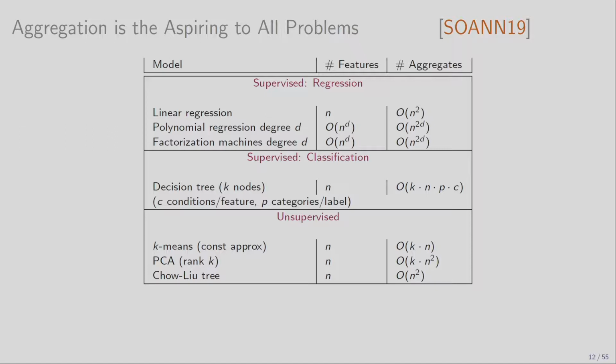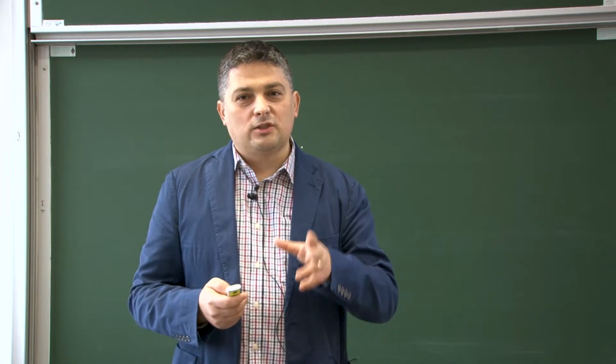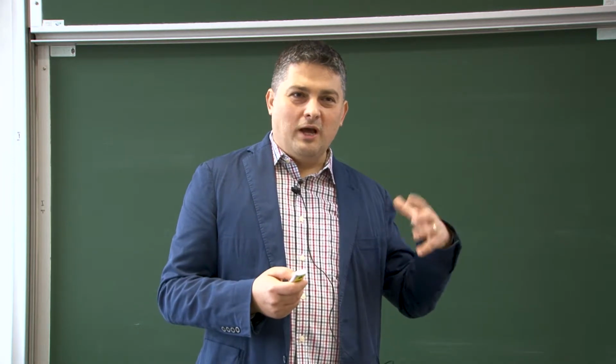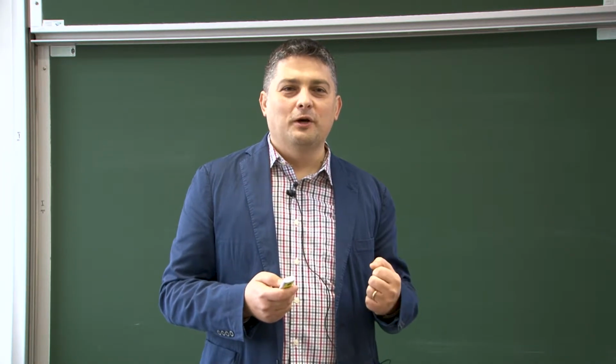But we can also do unsupervised techniques such as k-means or principal component analysis or learning structures of Bayesian nets, so-called Chow-Liu trees, and they have a corresponding number of aggregates. These aggregates can be very many, and there is a challenge in how to compute them efficiently. But nevertheless, all of them are computed with the techniques I presented to you yesterday.